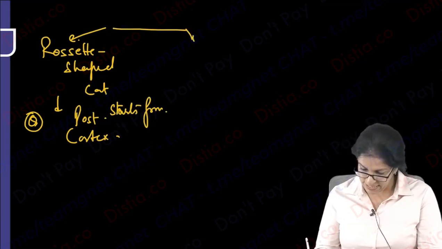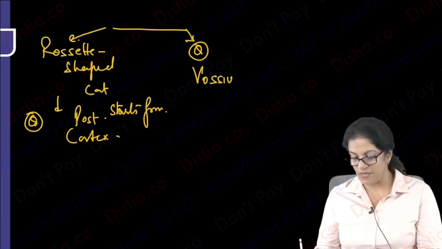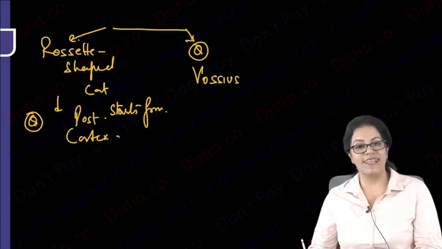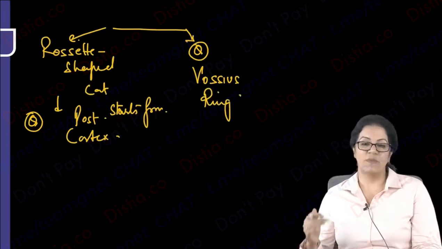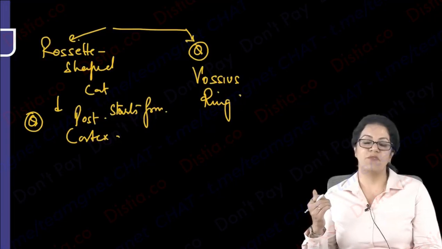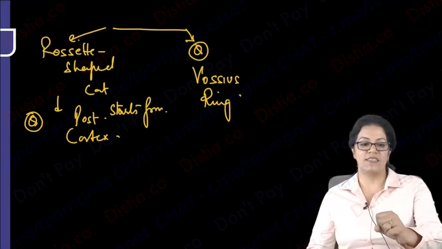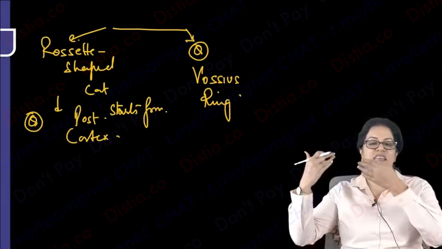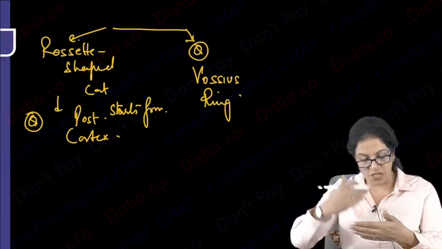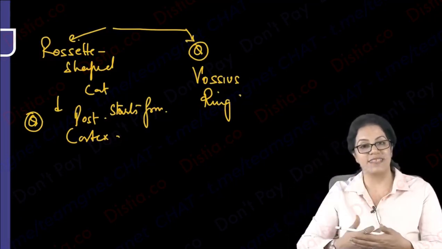Next question here: what is Vossius ring? I think this was one of the very important short notes in your MBBS as well. Common sense, let's first understand before we move further. Whenever there is a blunt trauma, what is happening? The iris touches the lens and comes back. Now the posteriormost layer of the iris has pigments.